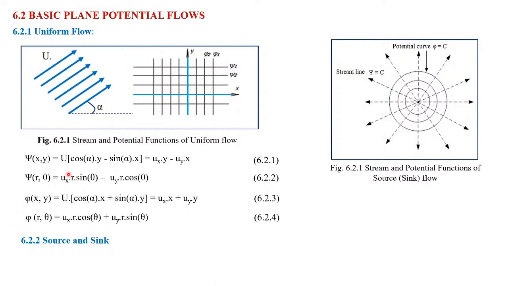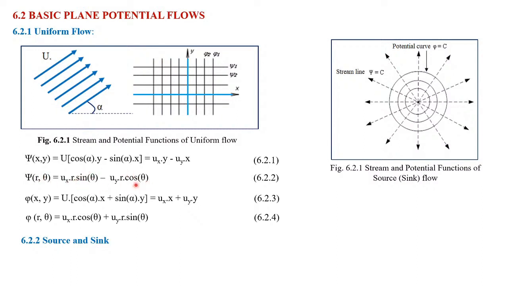Okay. Finally, you get phi in Cartesian coordinate system like this. Ux, uy constant. Ux equal u cos alpha. Uy equal u sin alpha. Put here, you get the function psi in the Cartesian coordinate system, and in the polar coordinate system we have this one.